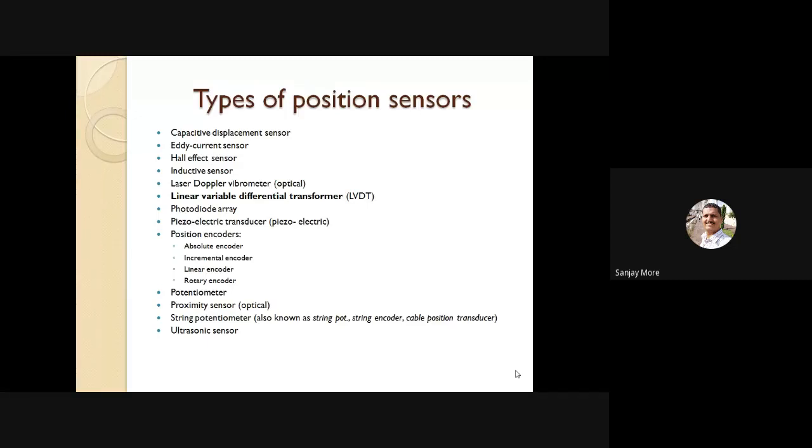Then photodiode array. The next, piezoelectric transducer.